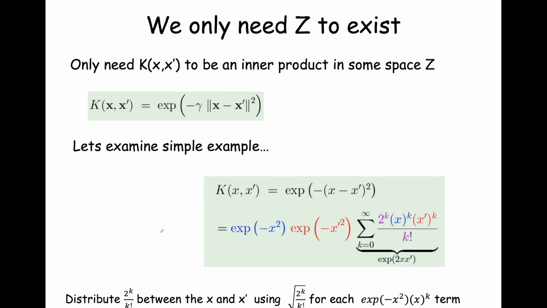Okay, so you only need this kernel to be an inner product in some space Z. A kernel must exist, and that's the litmus test as to whether or not you can make use of the kernel. It just has to exist. You don't ever have to go to Z space. You can evaluate this inner product with the kernel trick and never have to visit Z space.